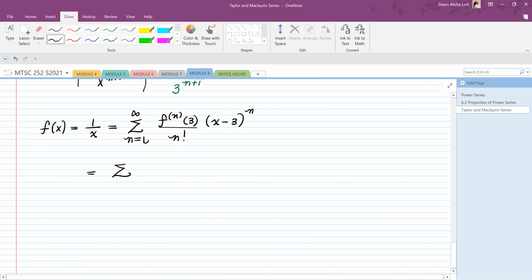Oh, and this is n equals 0. N equals 0 to infinity. So now I'm going to put in minus 1 to the n factorial divided by 3 to the n plus 1. But that thing gets divided by n factorial. So therefore, n factorial is in the denominator. And then I get x minus 3 to the n.